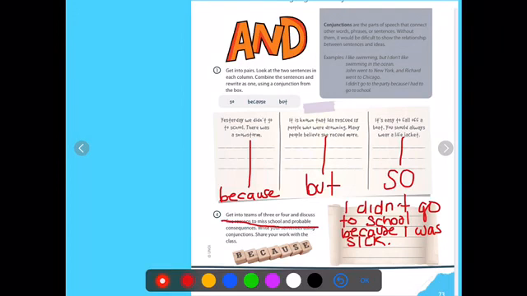Now, give me reasons to miss school. The probable consequence, I will probably have activities to work. Okay, if I didn't go to school, I missed some activities to work in class. Is that correct?